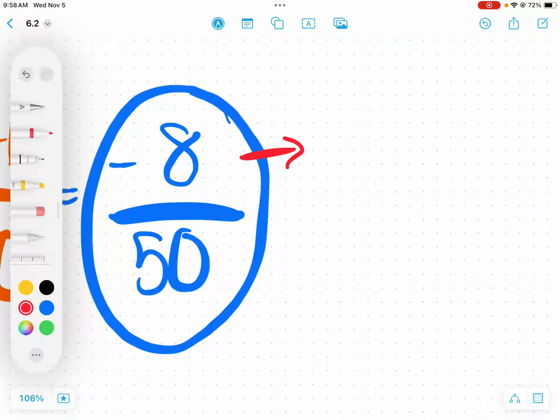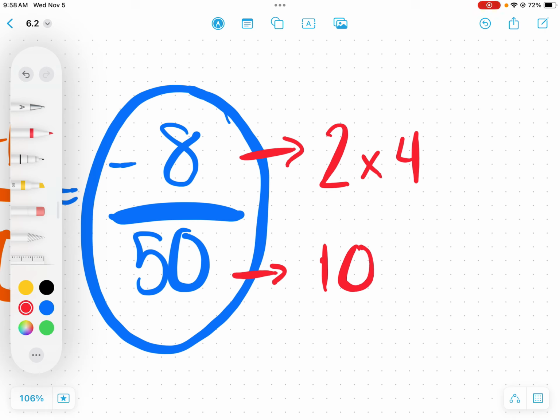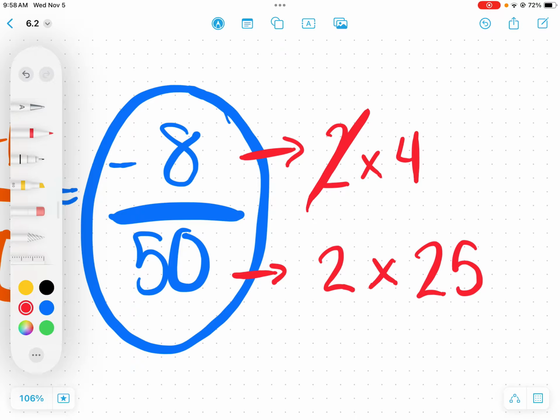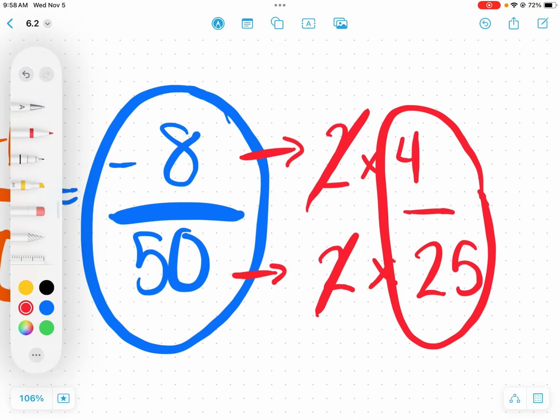So if we check this one, 8 can be made by 2 and 4, and 50 can be made by 2 and 25. If we reduce those, we're left with 4/25. And it's negative, so we have -4/25.